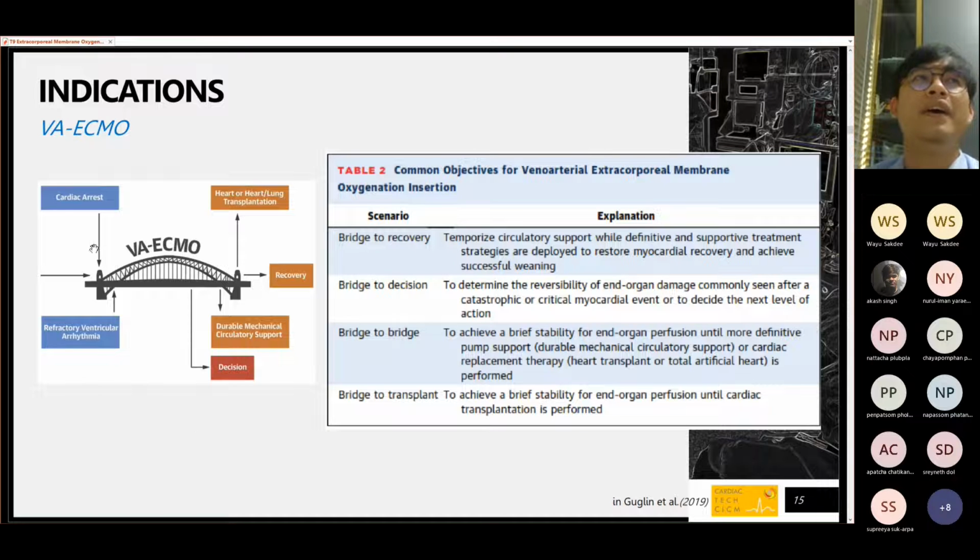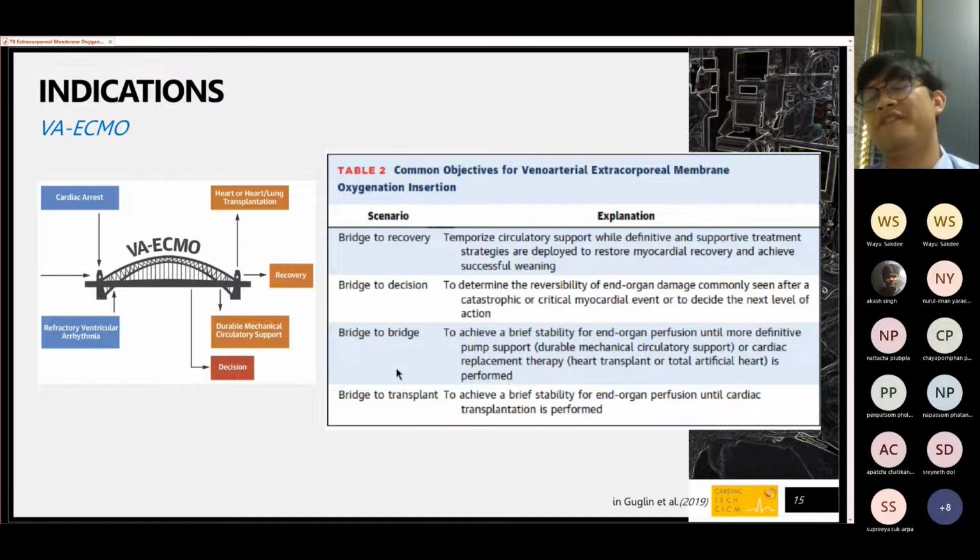The Ecmo can be used for the bridge, any bridge, like a bridge to recovery, bridge to decision, bridge to bridge.